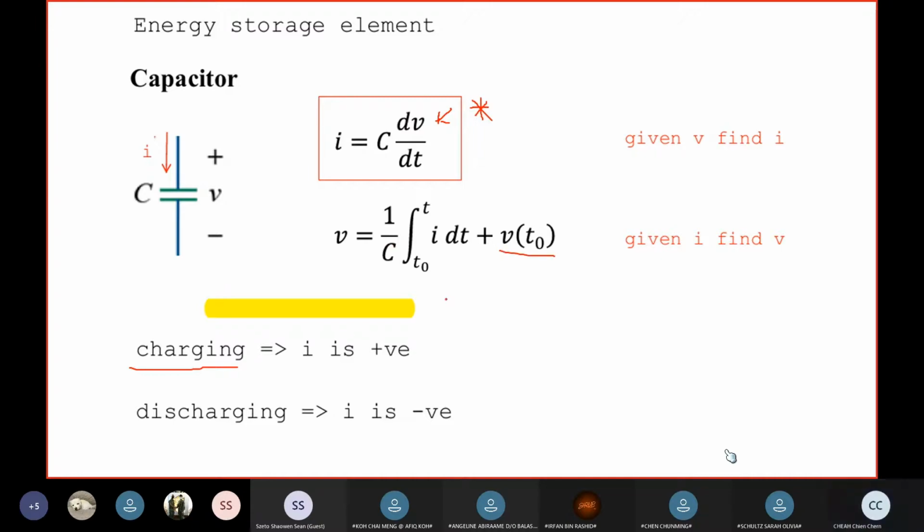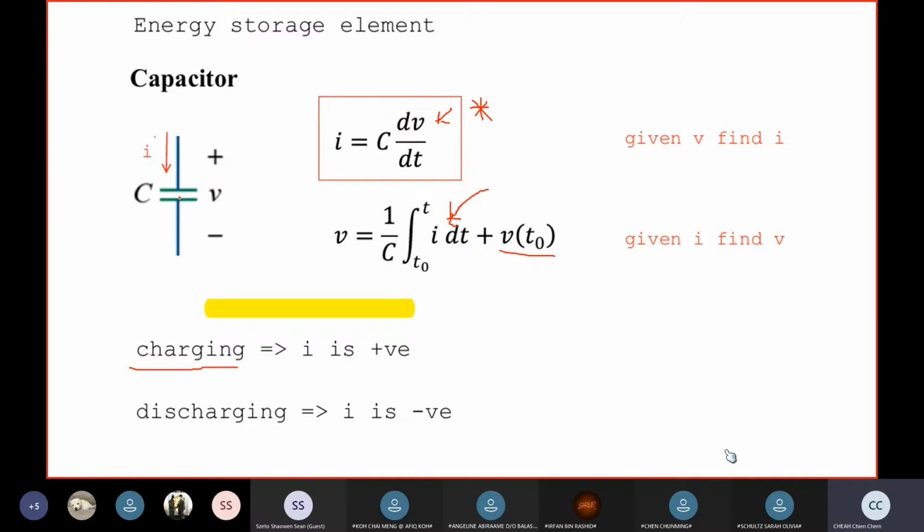Suppose your handphone is 20% left. It means there will be a signal indicating that there's 20% left, and then you start charging. This means that there's an initial voltage. What is additional will be from the current passing through it. Then you will start charging up.